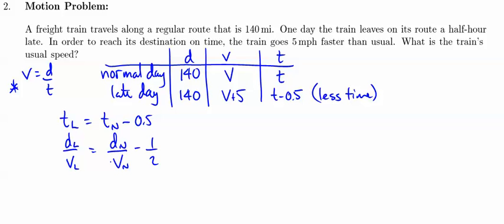Now, let's substitute what we know. I know in this case that this distance is 140. The late velocity was called v plus 5. I know that the normal distance is 140, and the normal velocity was just being called v. All right. At this point, you now have an equation that has only one variable.